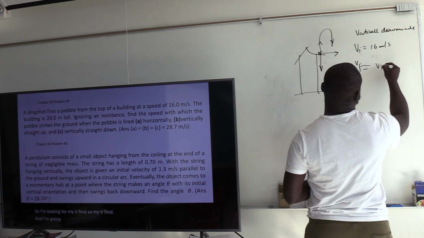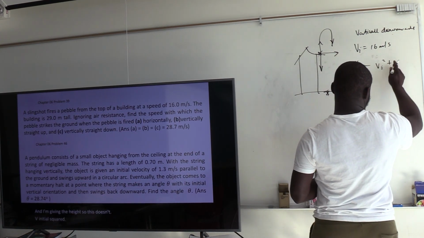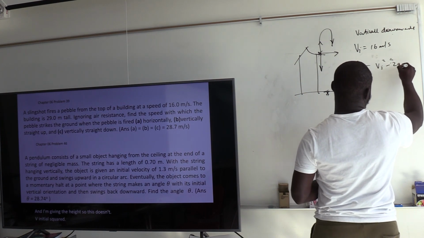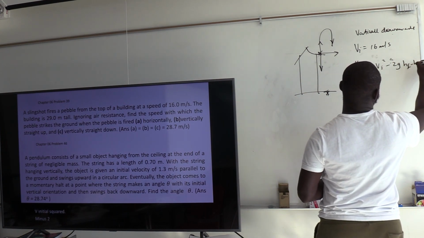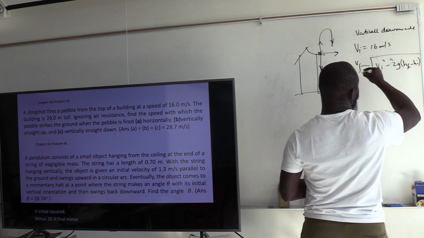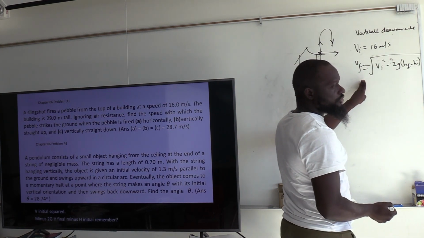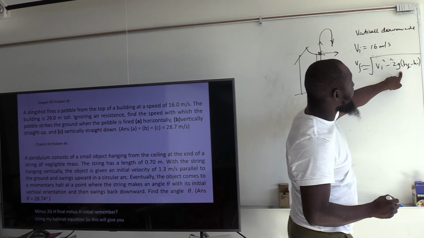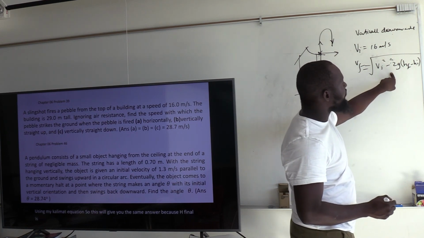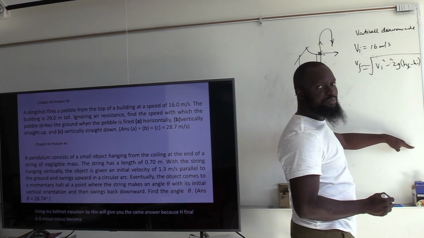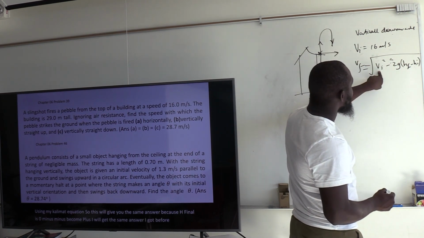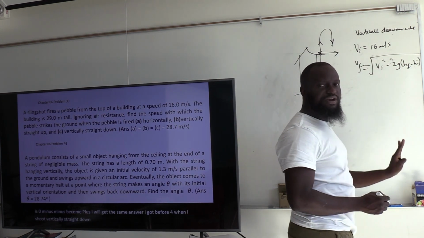So this is just going to be V initial squared minus 2g times H final minus H initial. Remember? Using my kinematic equation, this will give me the same answer. Because H final is 0, minus minus becomes plus, I will get the same answer I got before when I shoot vertically straight down. V initial is 16, exactly what I got before.